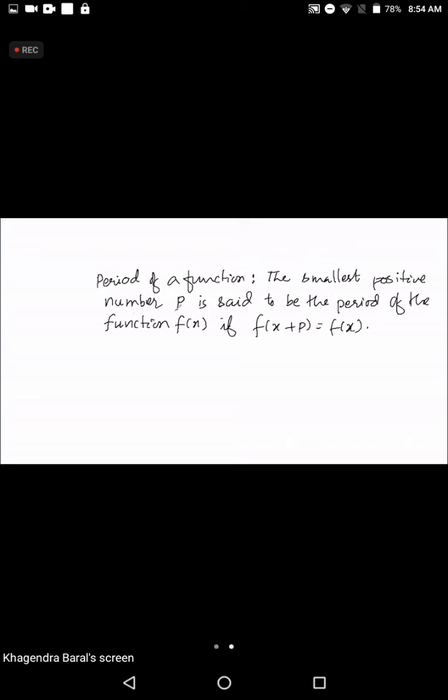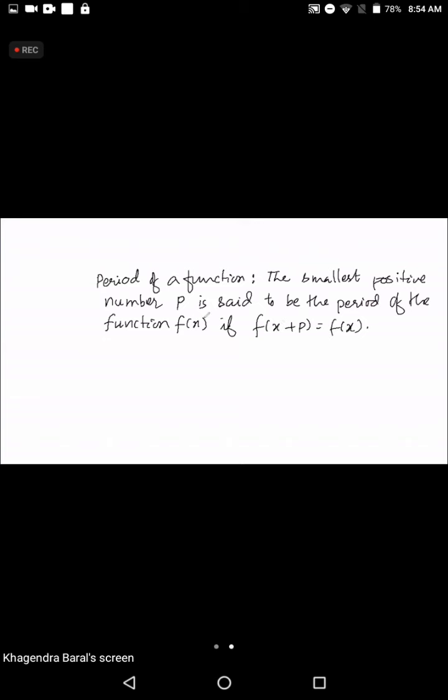The least positive number p is said to be the period of the function f of x if f of x plus p is equal to f of x.